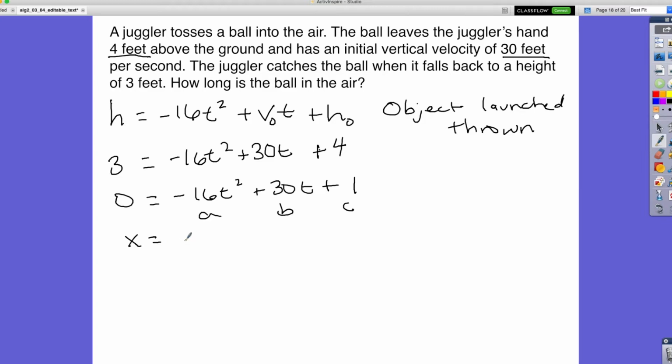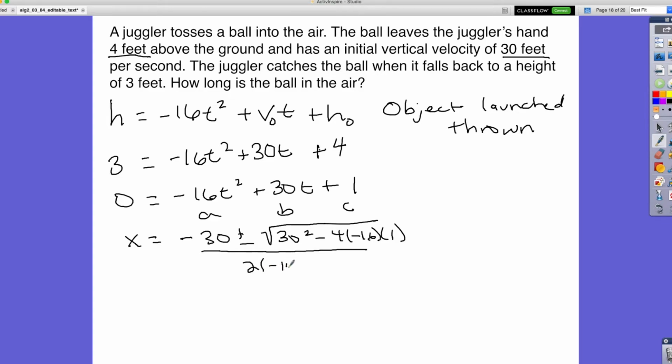X equals the opposite of b plus or minus the square root of b squared minus 4 times a times c all over 2a. So we do our math here. We find out that x equals negative 30 plus or minus the square root of 964 all over negative 32.